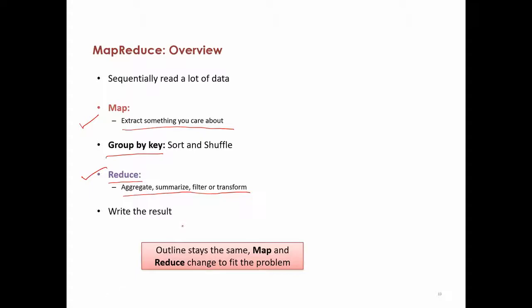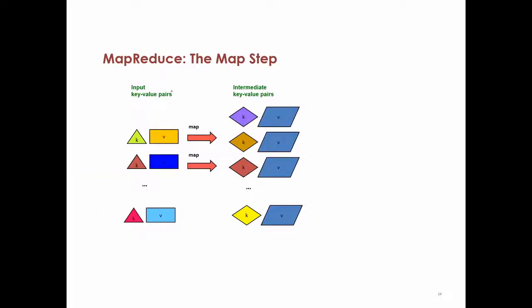Okay, so the outline of a MapReduce program stays the same. Every MapReduce program looks like this. What changes is the logic of the mapper and the reducer. A mapper has an input which is a sequence of records like this.